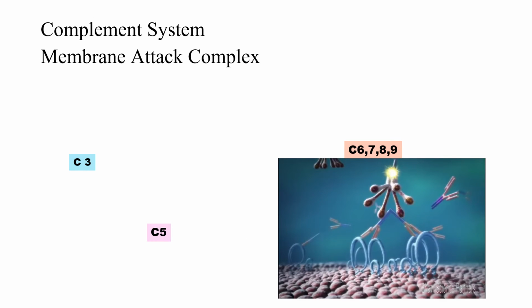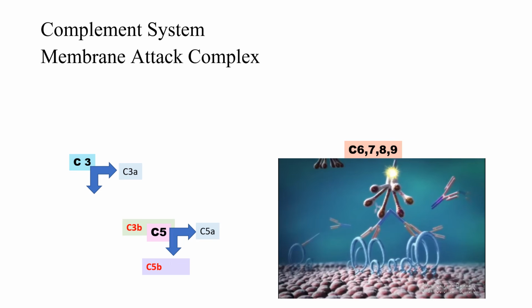Let us try to understand the mechanism of formation of the membrane attack complex or MAC after the activation of C3. It splits into C3a and C3b, and as we said, A is responsible for allergic responses, for example inflammation, whereas C3b will bind with C5 and causes it to split into C5a and C5b.